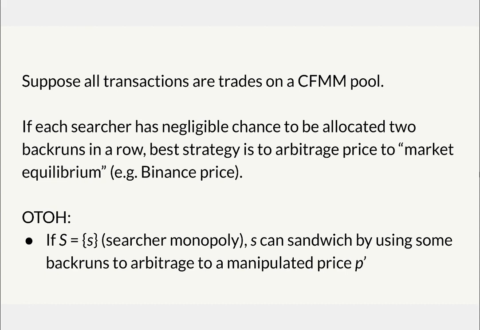This is easiest to see in the case of a searcher monopoly where one searcher is guaranteed to land all of the backruns, and that searcher has a lot of information about the ordering and contents of trades. But what might be less obvious is even if the searcher doesn't know very much about the contents of trades and nothing at all about the ordering, it's still profitable in expected value for them to attempt sandwiches by doing a little bit of price manipulation.